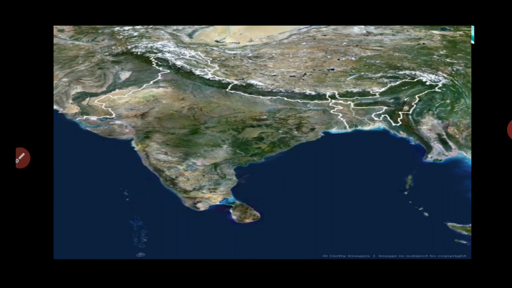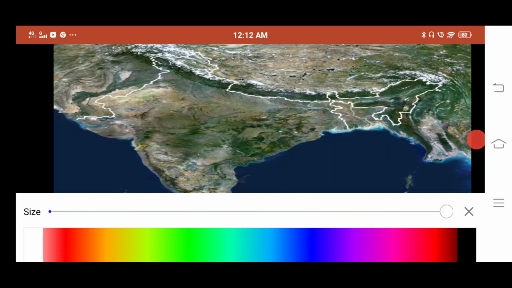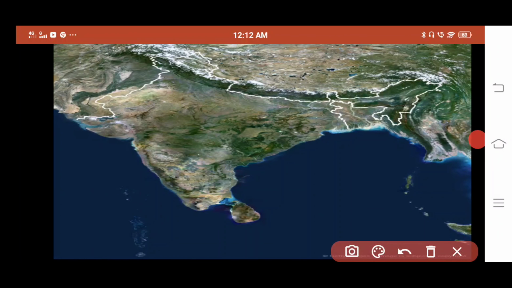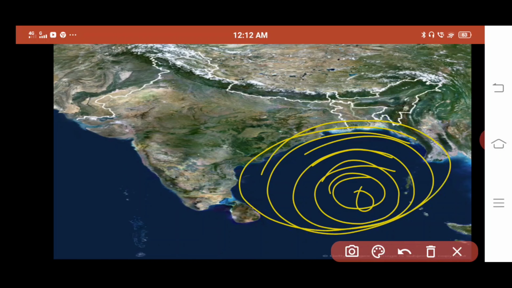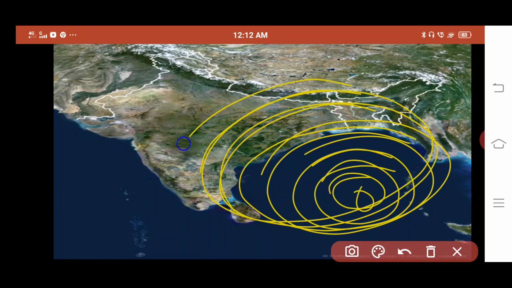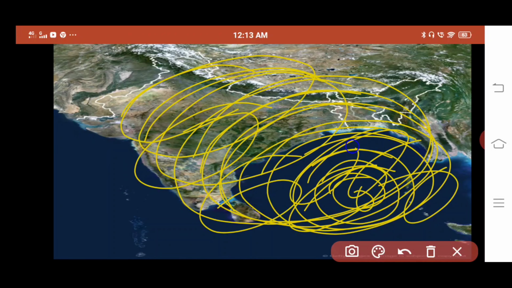So likewise you can also observe, for example, sometimes in the Bay of Bengal, whether any storms are coming or not. So they will estimate, and before only they will give the intimation by observing these satellite images.